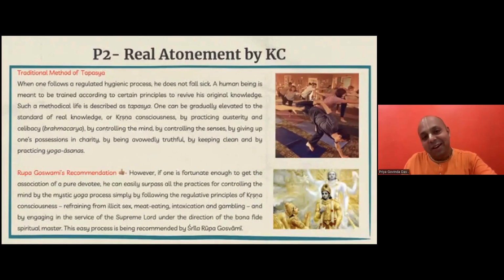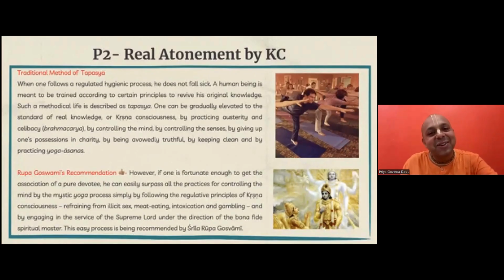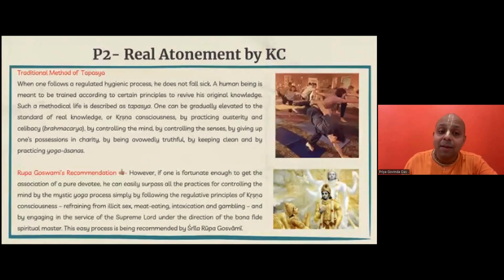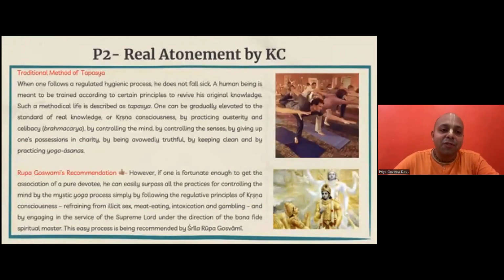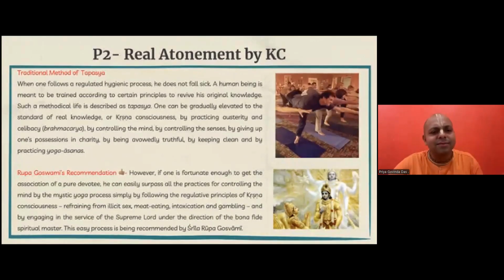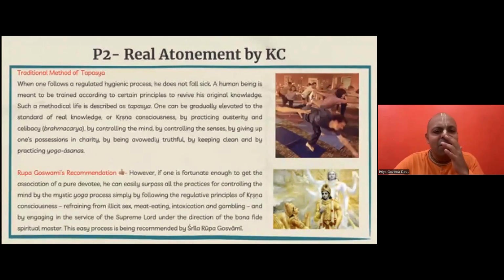Easy process recommended. You can try the above one, but you can see how difficult it is to follow. But there is an easy process. What is that easy process? We should be fortunate enough to get the association of a pure devotee. First. Second, once you get the association of a pure devotee, then you refrain from the four regulative principles. That's it. No illicit sex, no meat eating, no intoxication, no gambling. Bas, itna sa.